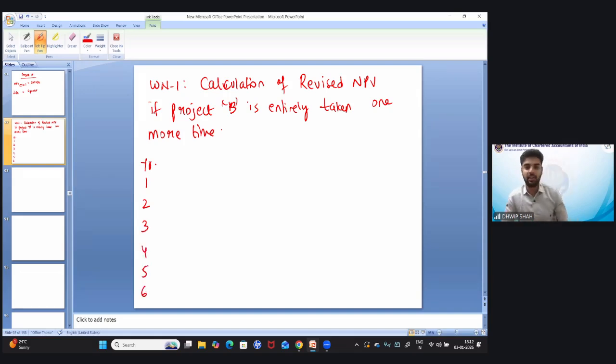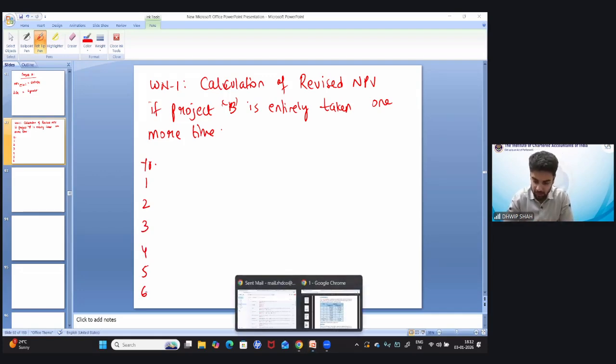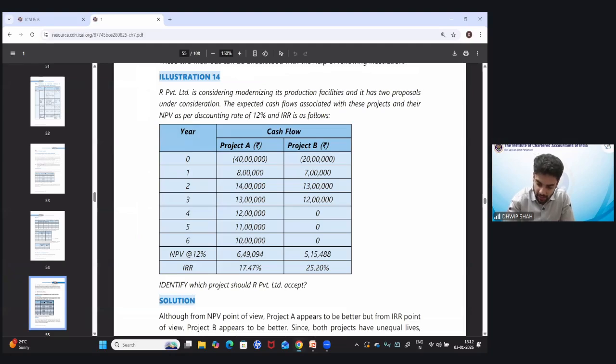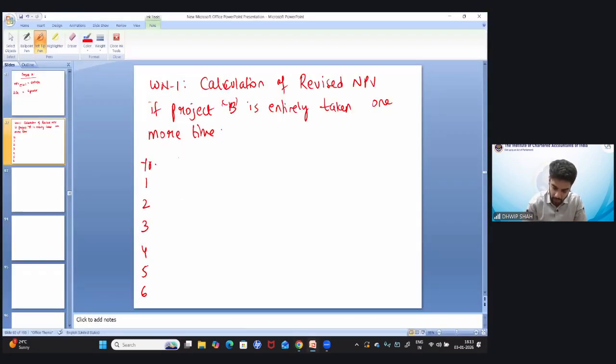Project B will generate inflow for 6 years now. Yes or no? Are you getting this? 7, 13, 12. And same cash inflows would be repeated in year 4, 5, and 6. 7, 13, 12. Okay? So this is cash inflows.